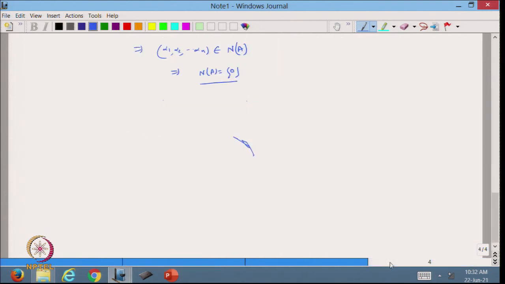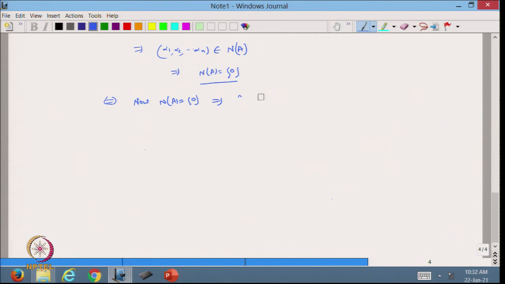Now, from here you can say that this is equivalent to saying that the matrix. So, now the null space of A contains only the 0 element, which implies that the matrix A is non-singular. I can say these things only when it is a square matrix.